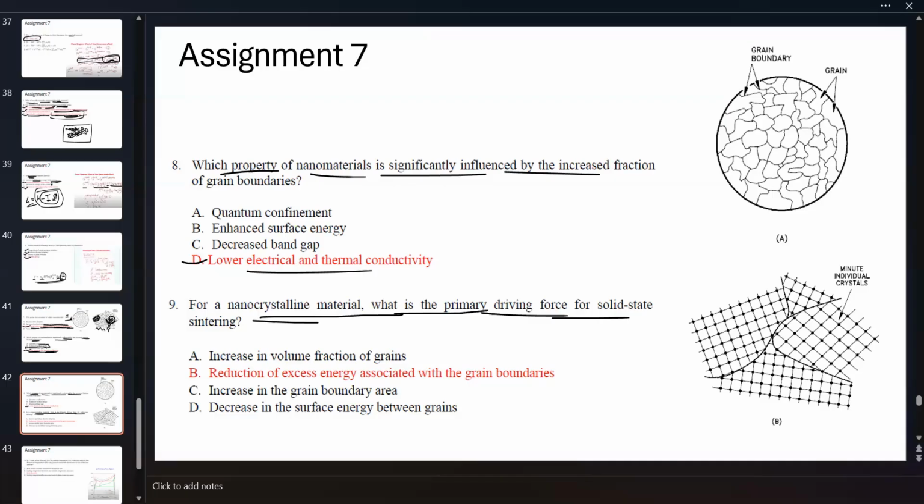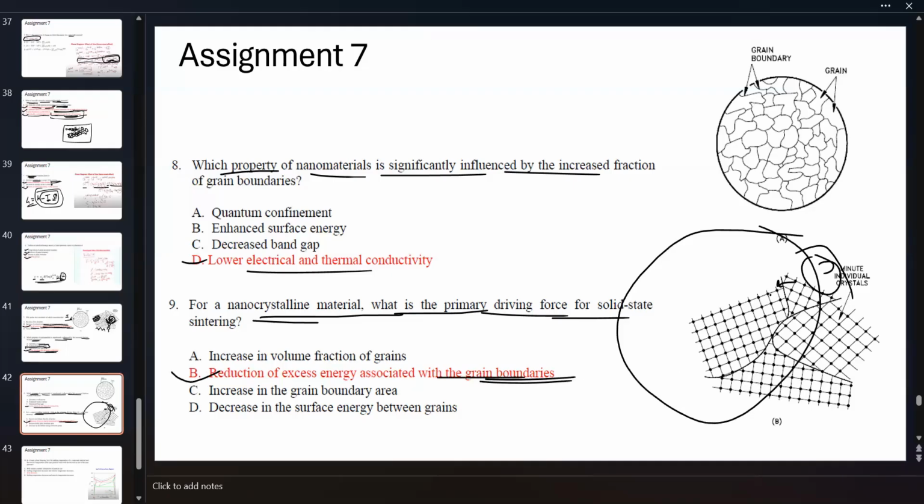So atoms are diffusing into this grain, the one grain becomes larger and the other grains disappear. That is to reduce the excess energy associated with the grain boundary. So grain boundaries, as you know, are high energy sites. The primary reason is the reduction in excess energy associated with grain boundaries.